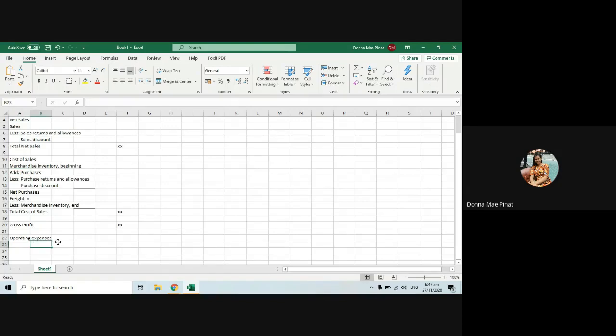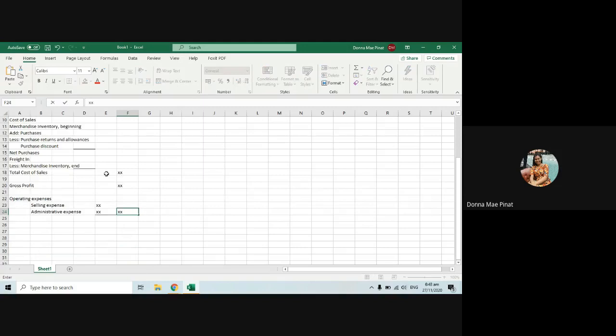The operating expenses are things like salaries, utilities expense, selling expense and administrative expenses. So you will have here your total operating expenses.